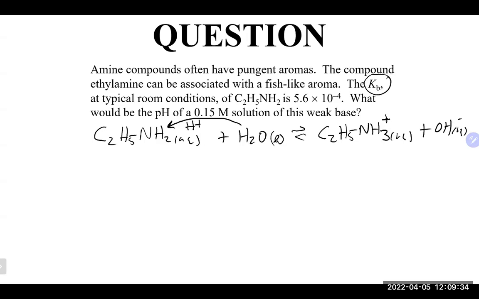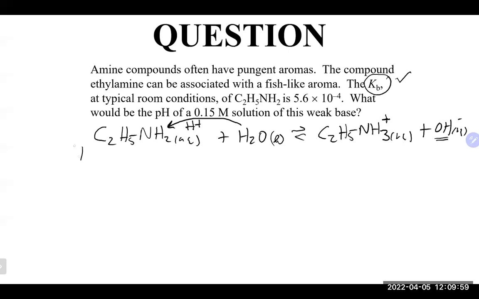And again, it's really important. You see that equation, and that is what you should have on that side. A lot of times people will not know how to write these equations and they'll end up with H3O plus on the other side or something like that, which may not seem like a bad thing, but it is, because when you get done with the calculation, you're going to say, that's my pH, when it really is not. So it's really important to make sure that you get these down.